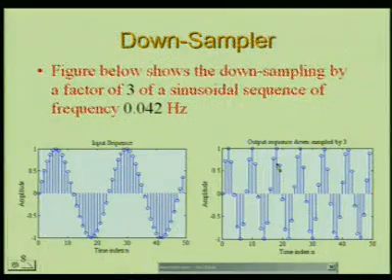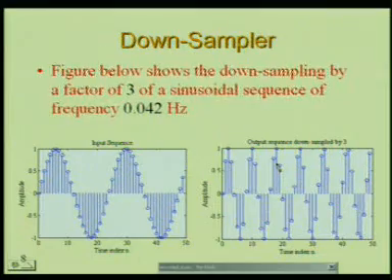So, this way I can reduce the number of samples by a factor of capital M. Thereby, I am decreasing the sampling rate by a factor of 1 divided by M. So, this particular figure shows how to downsample the given sequence x[n].